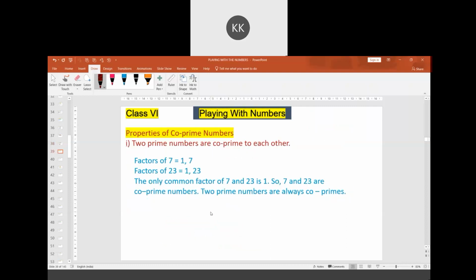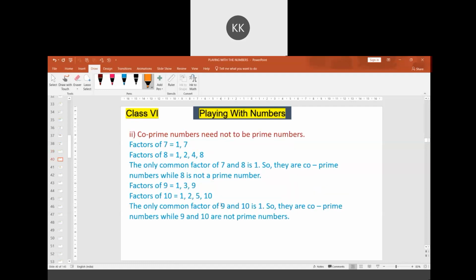These co-prime number properties we are going to learn now. The first property is that two prime numbers are co-prime to each other. As I mentioned, the combination of two prime numbers is always co-prime. 7 and 23 are co-prime because the highest common factor is 1. The second property is that co-prime numbers need not be prime numbers.